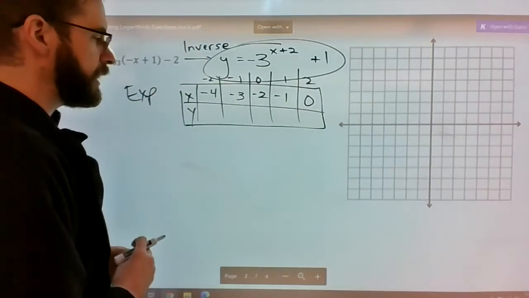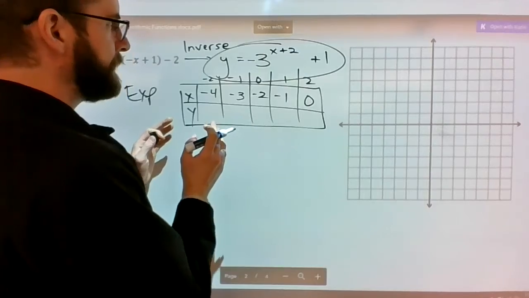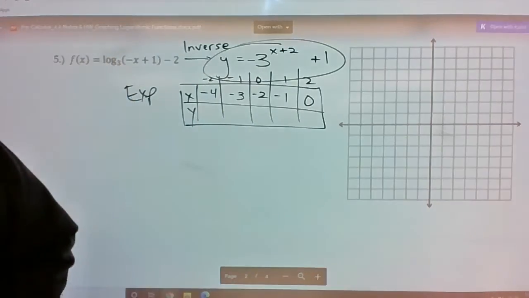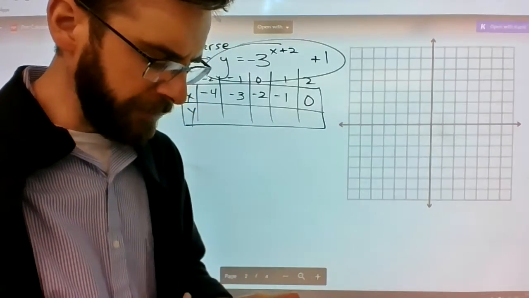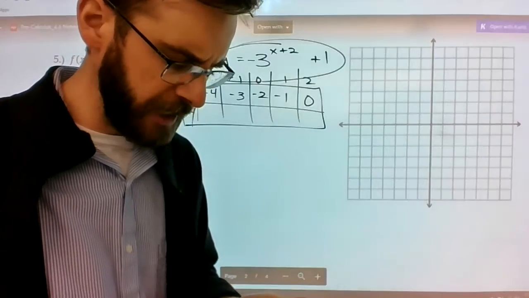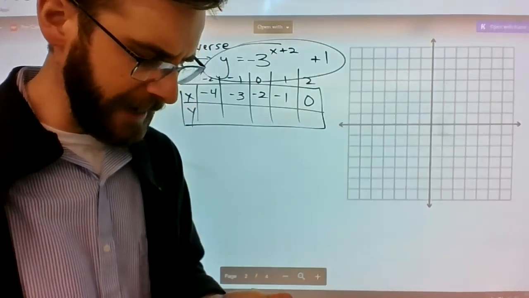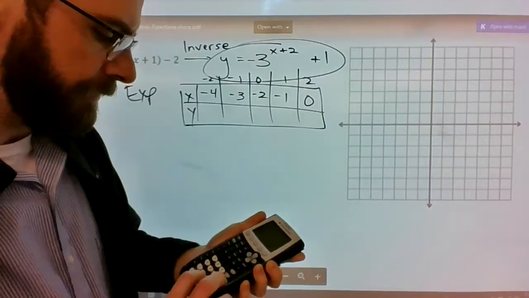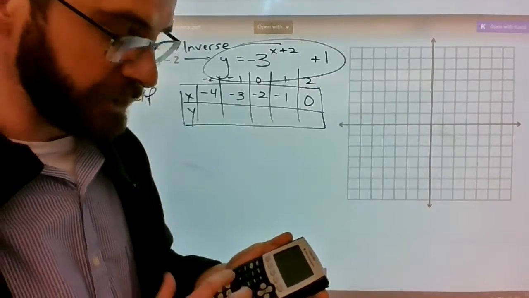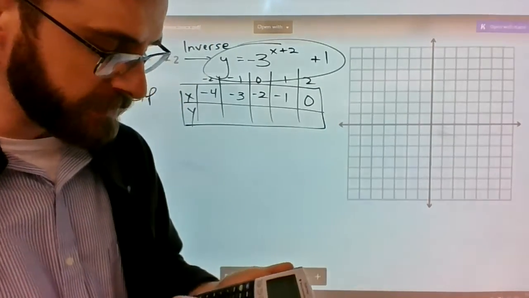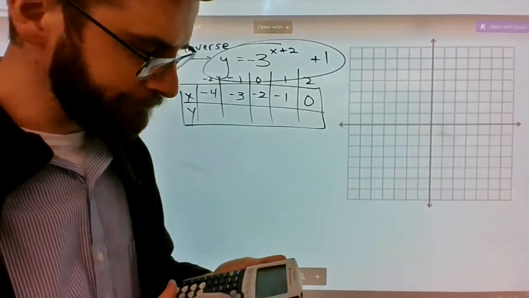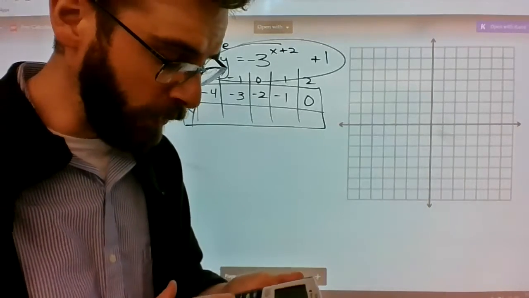All right, now we can plug these values into that. But you know what? If we want to use our table function, there is absolutely no shame in doing so. We can clear that out. Plug in -3 caret. Make sure you put grouping symbols around the x plus 2. Otherwise, you're just not going to get the right points.